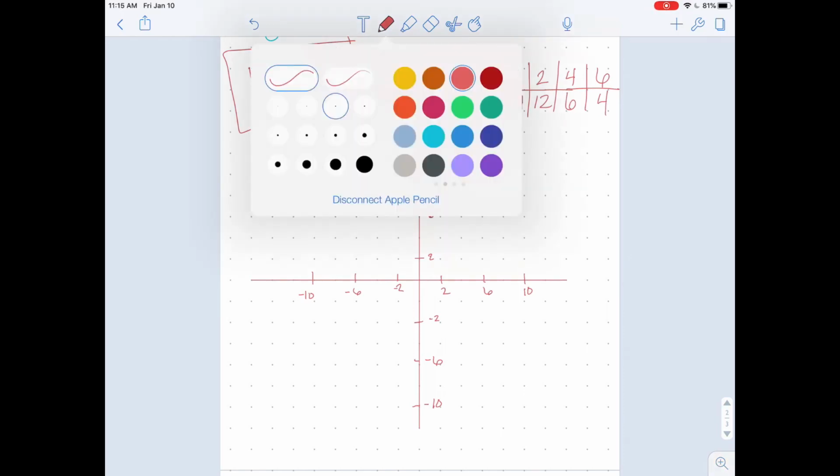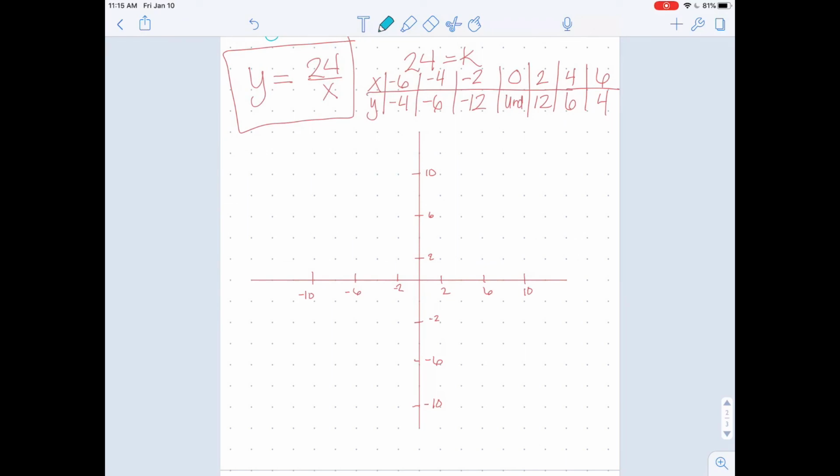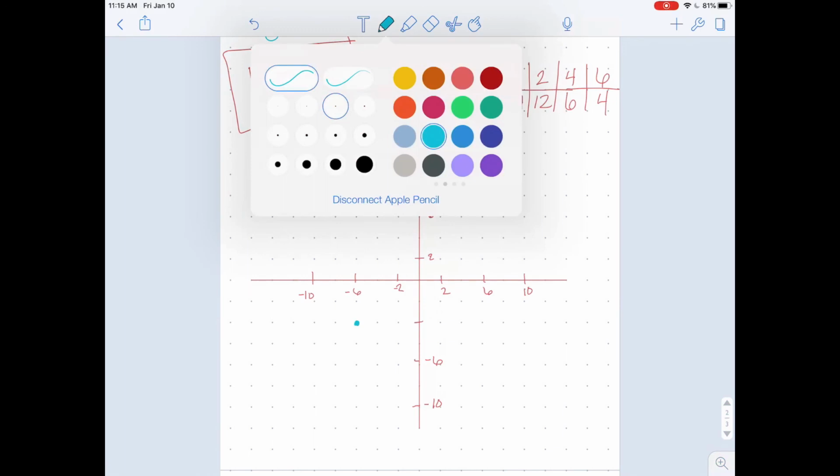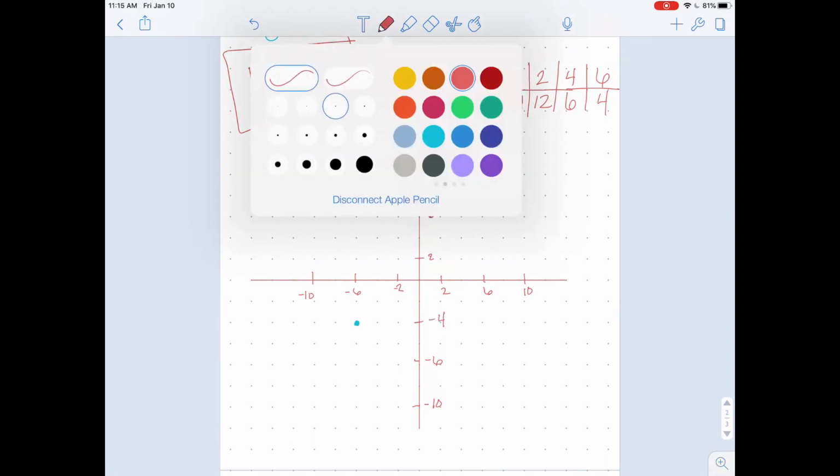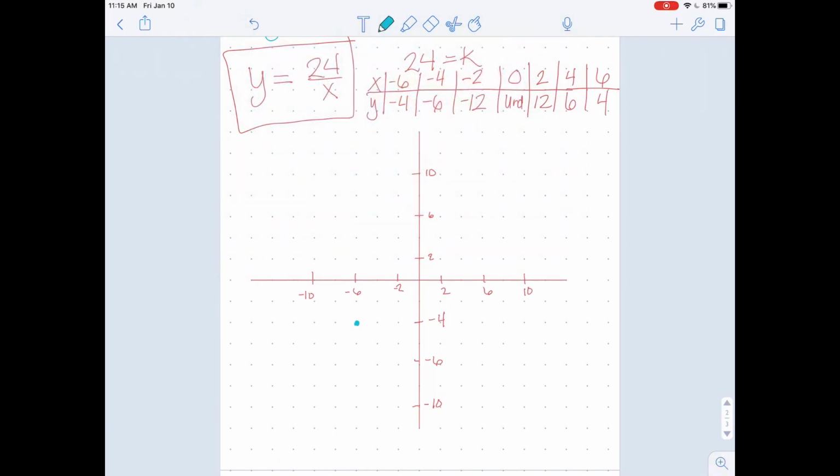So we're going to go ahead and put these points down. So we've got negative 6, we're going to go back 6 and down 4. Got a line in the wrong spot here. Let me fix this. This should say negative 4. Okay. All right, we've got 1 point.